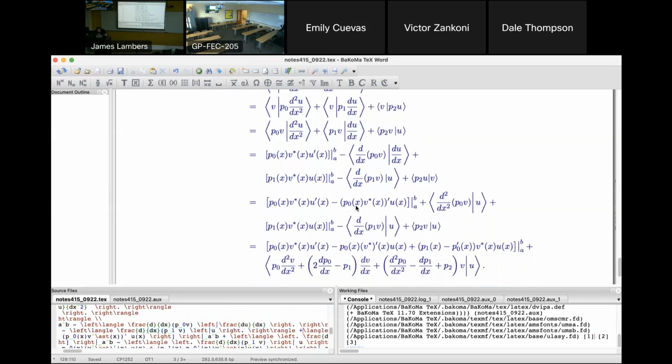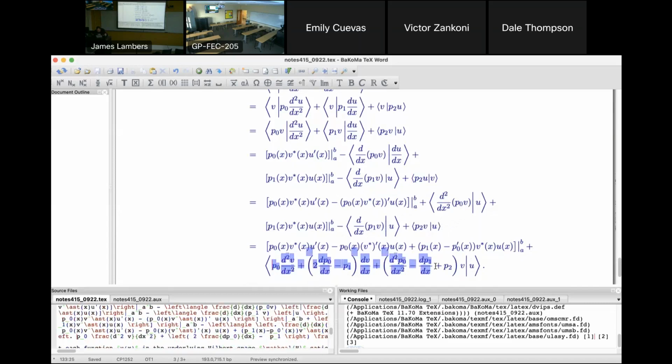Now I have a whole collection of boundary terms here, three sets of boundary terms in all, and I combine them into one. And then I have three scalar products, where in each of them one of the operands is just plain old u by itself. So using linearity of the scalar product, I can add all the left operands together.